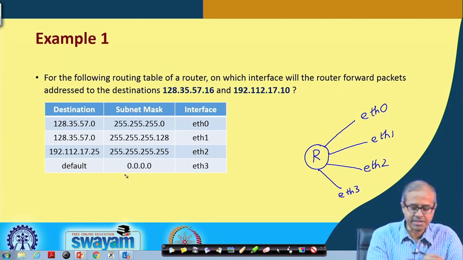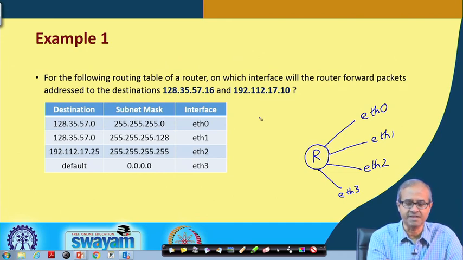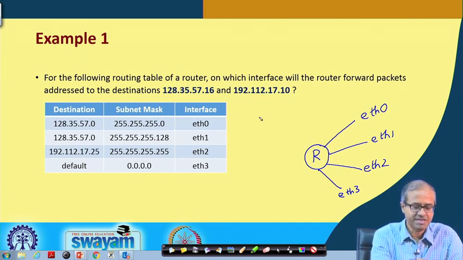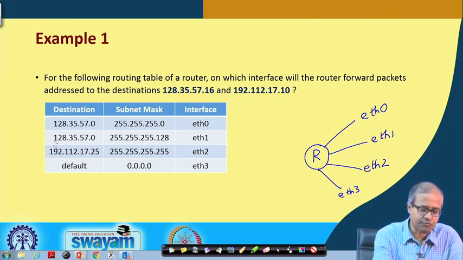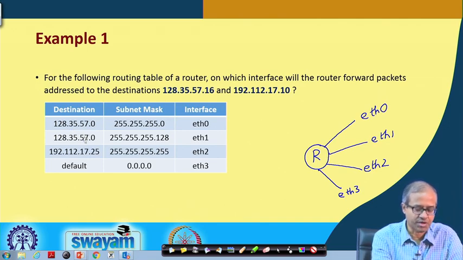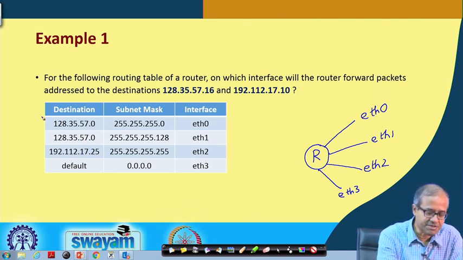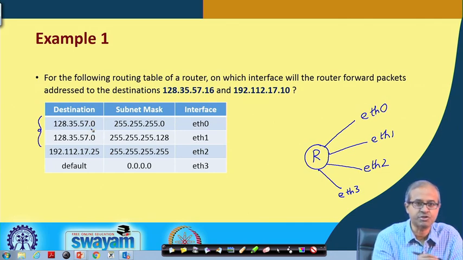Now, you look at this routing table. Here I have not shown all the fields, only the relevant fields: the destination IP address or destination network address, the subnet mask, and which interface to forward to. You see there are 4 entries. The first 2 entries refer to network addresses, ending with .0, but the last one is a host-specific address.